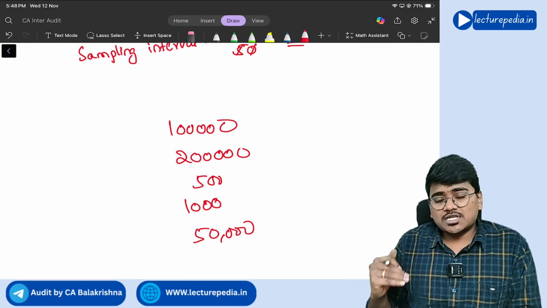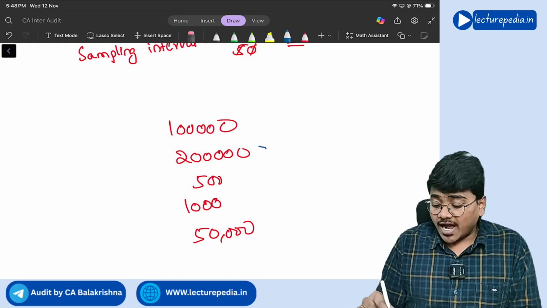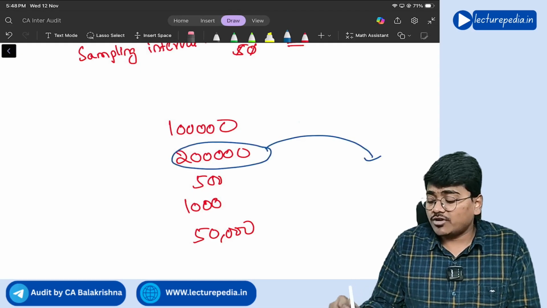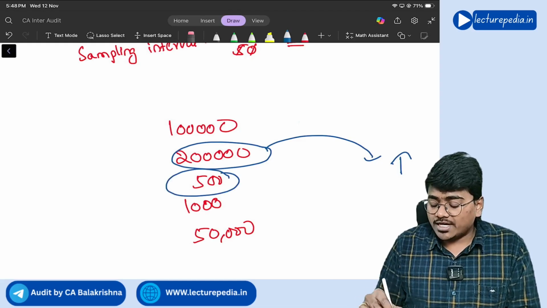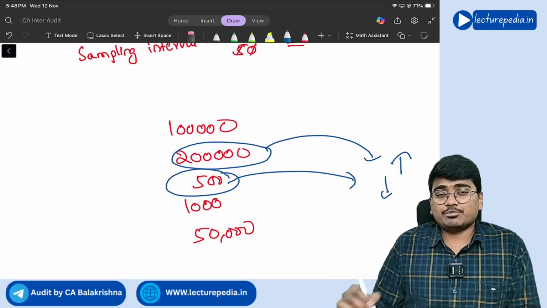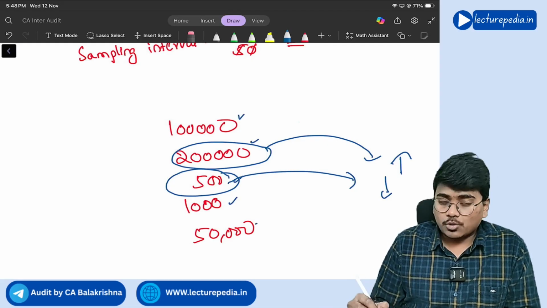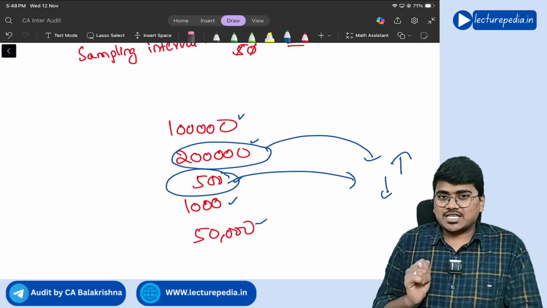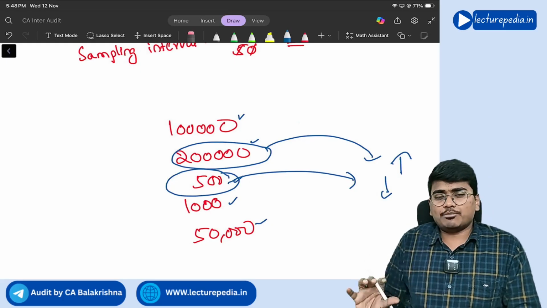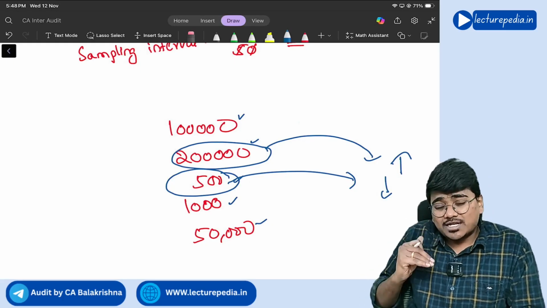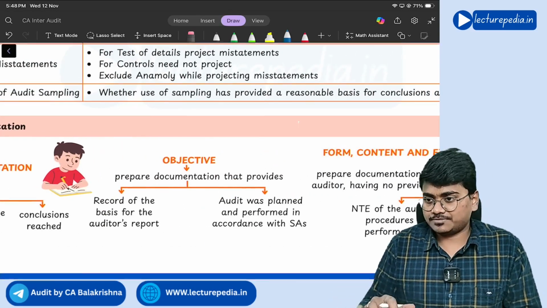Now if you are using monetary unit sampling, the chance of selection of a higher value item into the sample will be more, and the chance of selection of a lower value item will be less, because you will consider the value of the item also. This is briefly how monetary unit sampling looks. Here you will give importance to the value of the item. Clear?